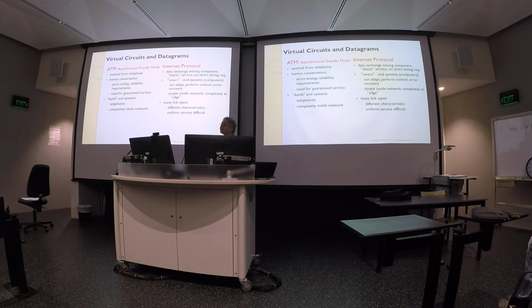Now, when we move from that telephone model to using this as a basis for data communication, these things take on an additional role where we have these high levels of service guarantees. Data must arrive in order, data must not have errors in it, data must arrive within certain timeframes, those sorts of things, once we start moving from human conversation to data.